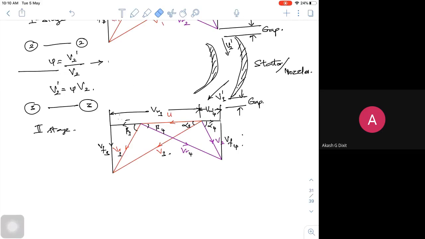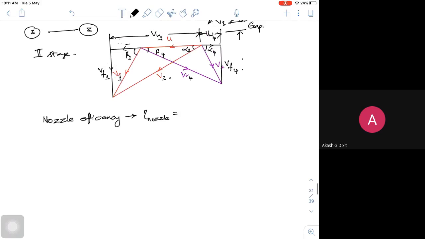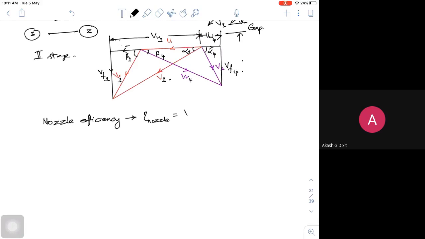Okay. Now we look at something called nozzle efficiency. This nozzle efficiency is nothing but the difference in your velocity or kinetic energy absorbed. So if I take V3, it is V3 square minus the corresponding velocity with which it is exiting.